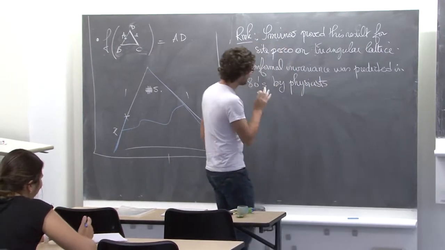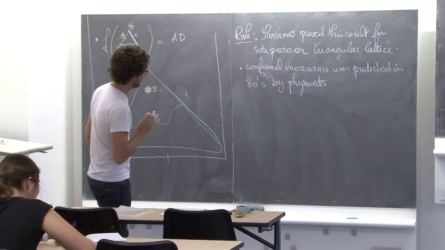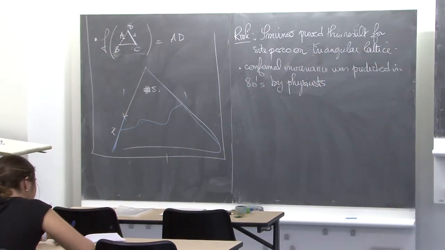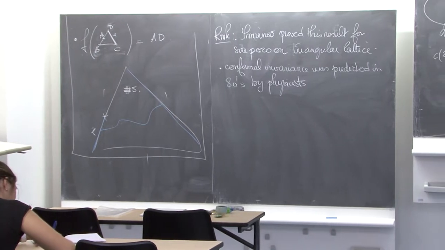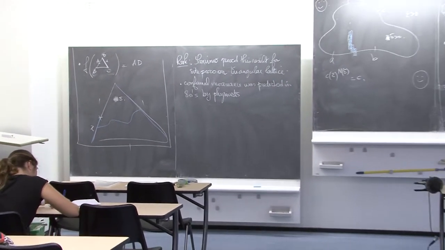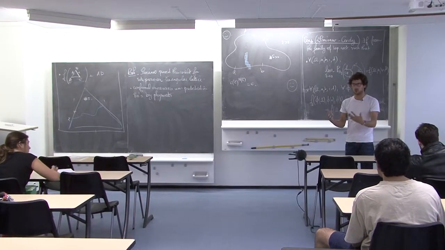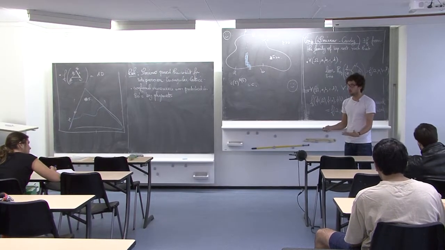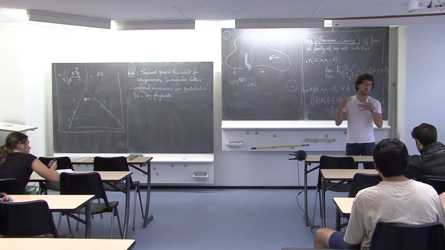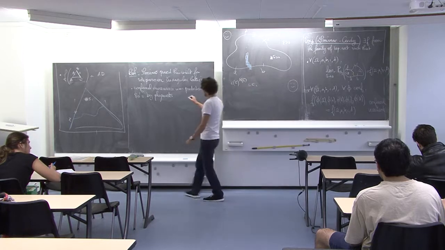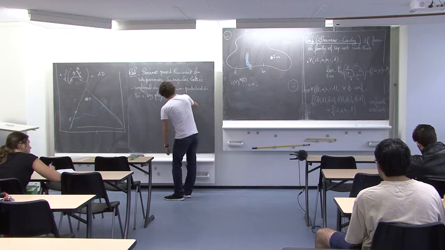And there was already little chance that I was going to spell physicists right, but I tried. Anyway, this is not a specific property of percolation. Any critical planar model should have a conformally invariant scaling limit. Okay. That was one of the things I wanted to mention.